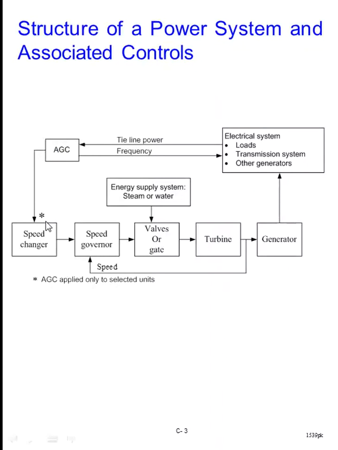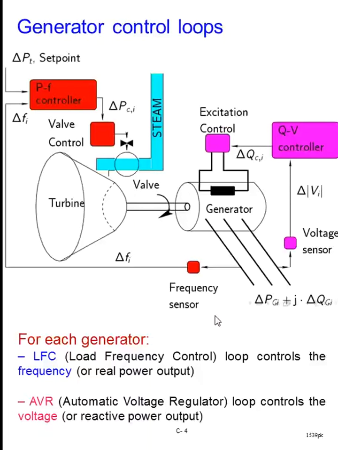So we move to the next one. Now here, I have discussed earlier also about this slide. As you can see here, we have the generator being coupled to the turbine through the shaft, and from the generator terminal, control.